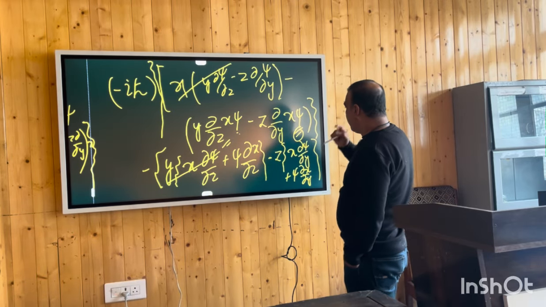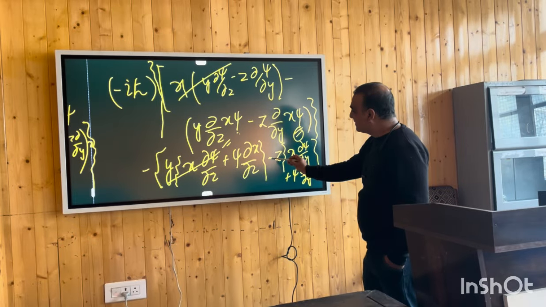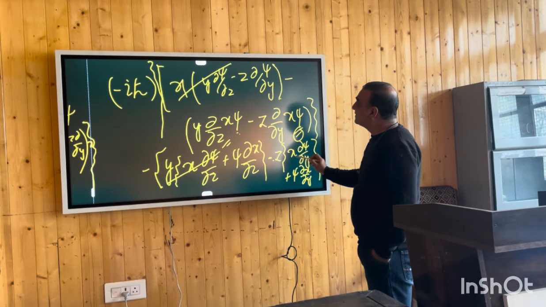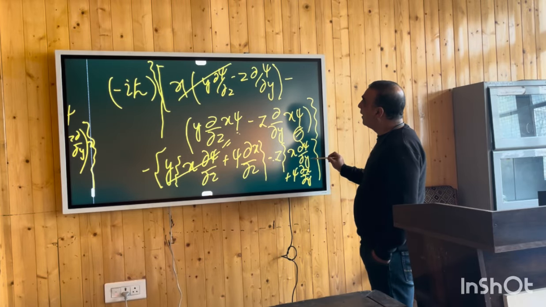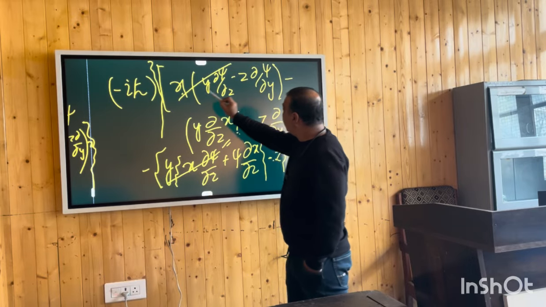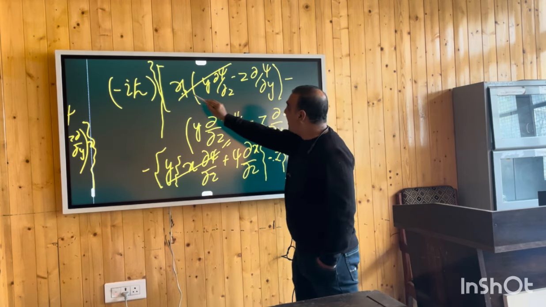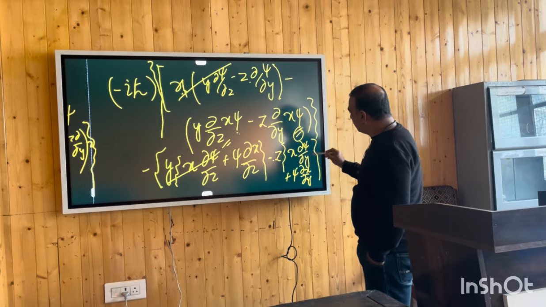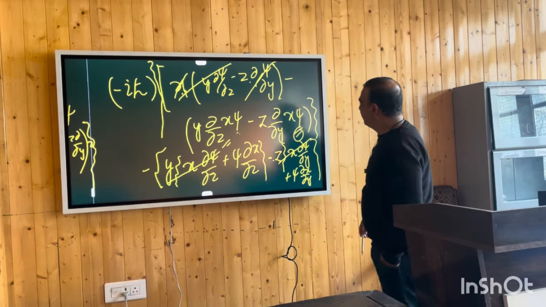Another thing you can see is that minus and minus will make it plus, and it will become zx ∂psi/∂y. Here you can see this x is a multiplier. So this is plus and this is minus, xz ∂psi/∂y. So this whole thing is cancelling.